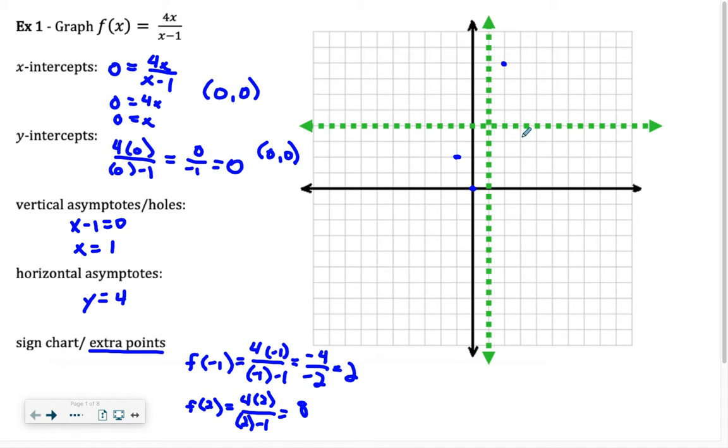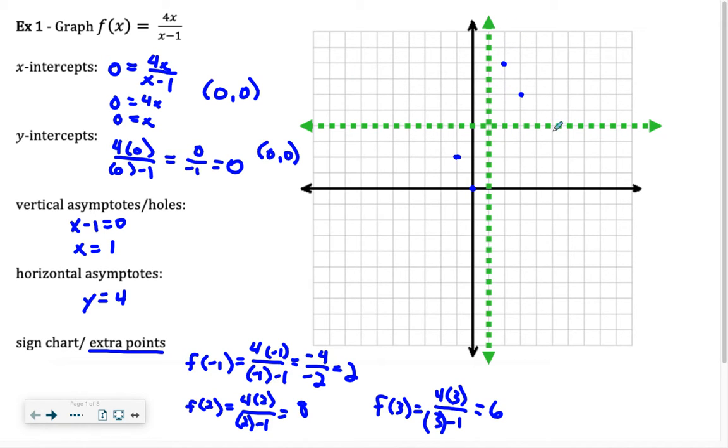Let's get one more. Let's plug in 3. So f of 3 will be 4 times 3 over 3 minus 1. So 12 over 2 would be 6. So the point 3, 6 is on my graph. And we can start to see what this is going to look like.